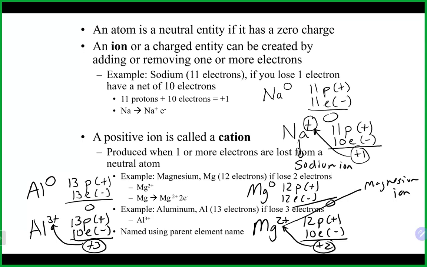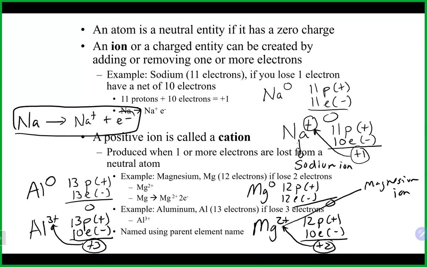You could also represent somebody losing electrons in a reaction. So if you have sodium, it will make a sodium ion with a +1 charge, and it will lose an electron. You will see electrons on the product side, and that indicates that the electrons are being lost or given off.